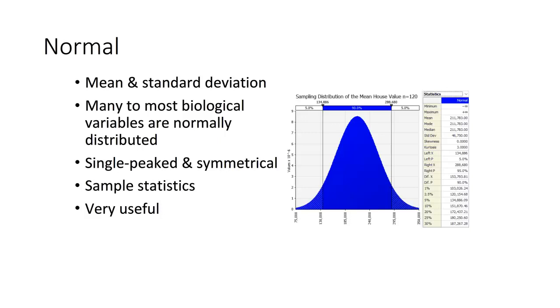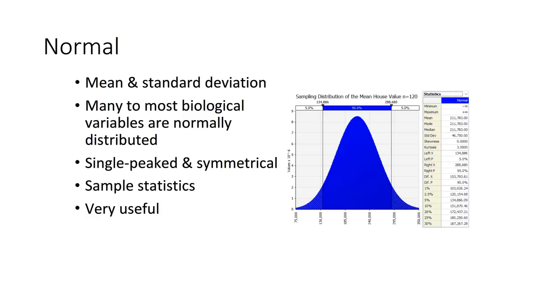Many to most biological variables are normally distributed. If you take a human being, intelligence, height, length of the forearm, any kind of distance between your eyes, any kind of biological measurement that you can imagine, these tend to be normally distributed.